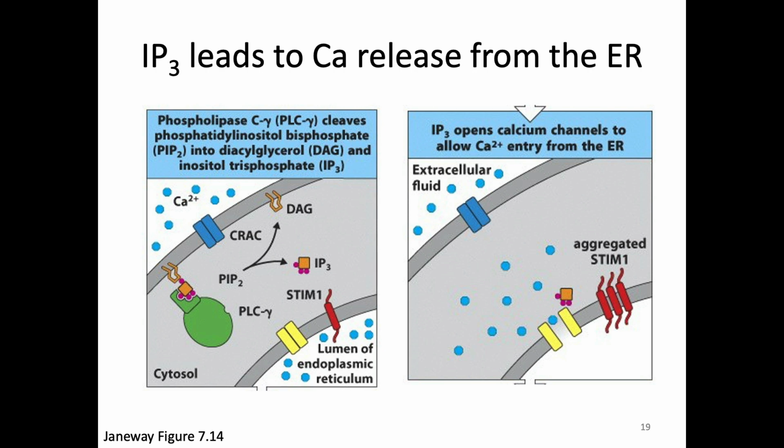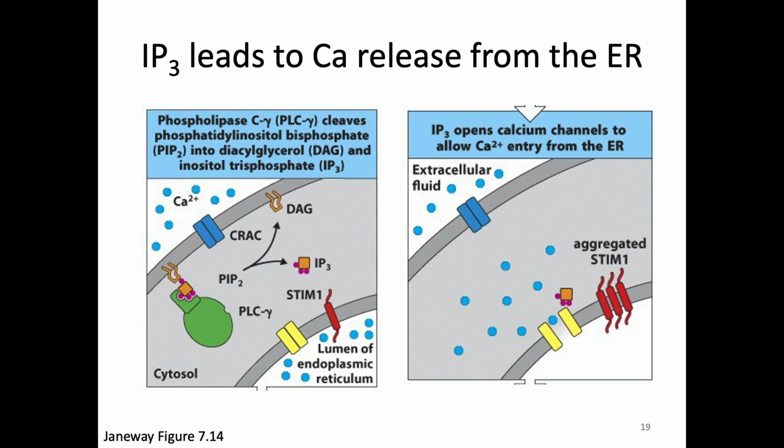Normally, the cell is super organized, super strict in terms of what it does with calcium. Normally, the cell has absolutely no calcium in the cytoplasm. If there's any calcium around, the cell puts it in a specific location, generally the ER. So you can see the ER has lots of calcium, the blue dots, and the cytoplasm has no calcium.